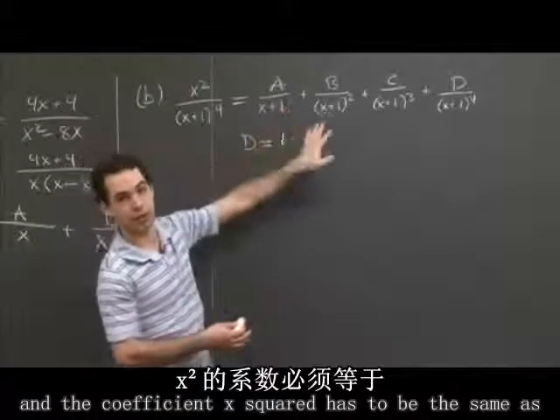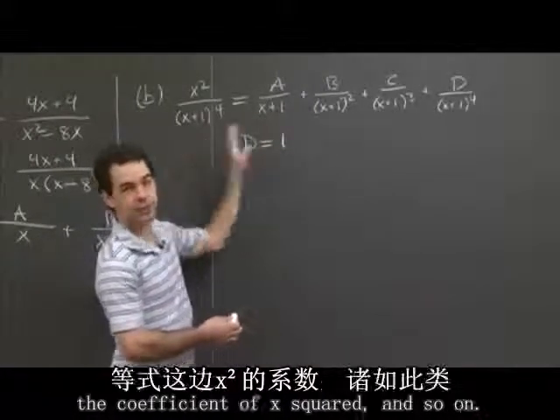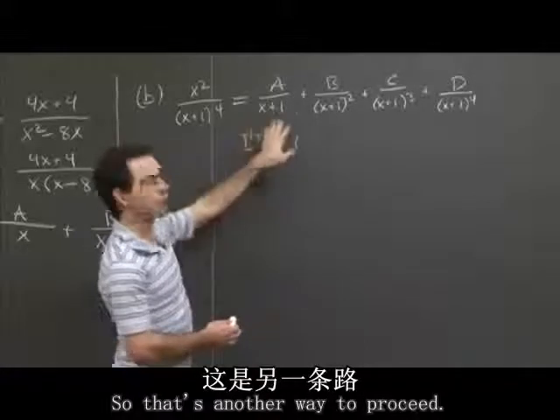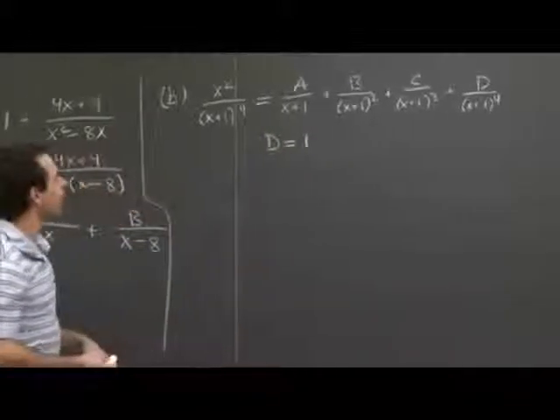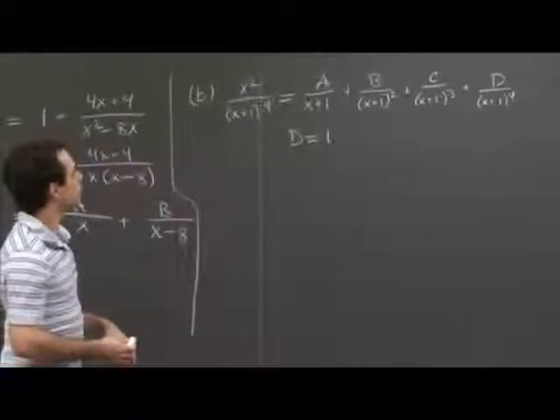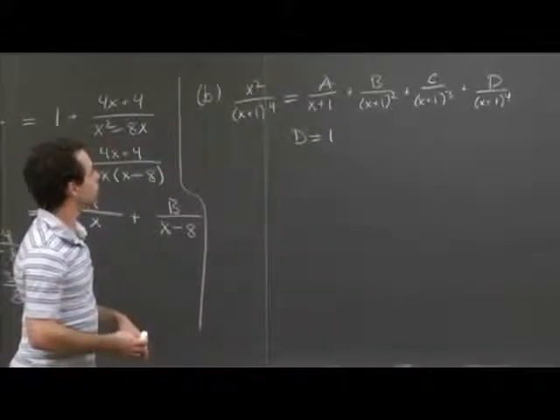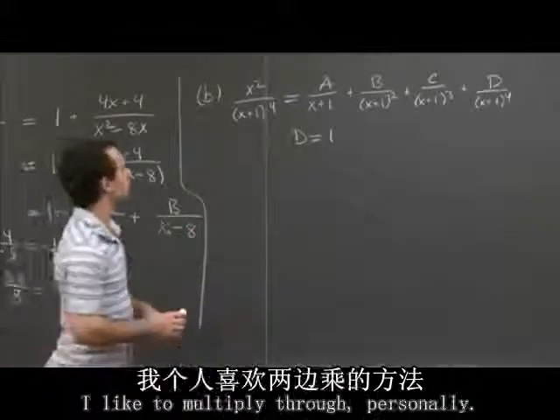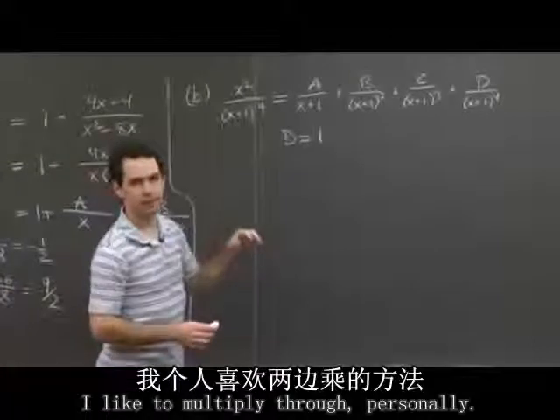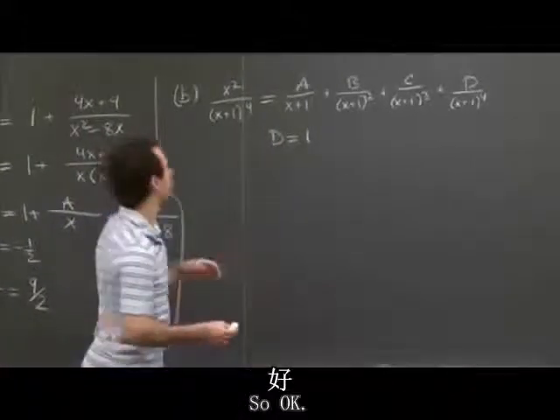And the coefficient of x squared has to be the same as the coefficient of x squared, and so on. So that's another way to proceed. Yeah, all right. Those are really your two best options. I like to multiply through personally.